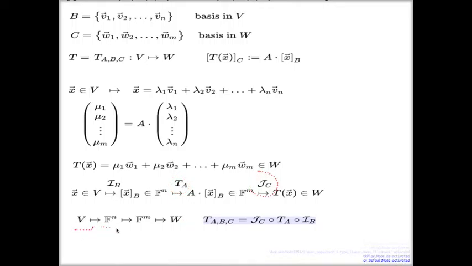V is taken to F^n by I_B, then taken to F^m by T_A, and then taken to W by J_C. This is two compositions in a row. And because of the lemma we discussed today, because we know now that if you compose linear maps, the result will be a linear map, we can now easily and safely claim that this is a linear map as a composition of individual linear maps.